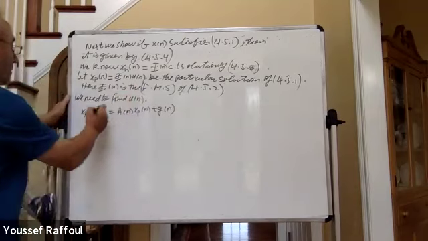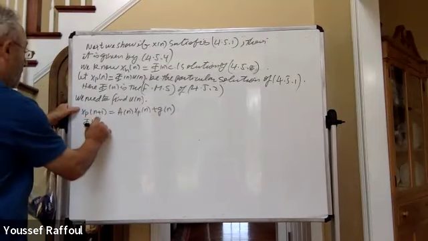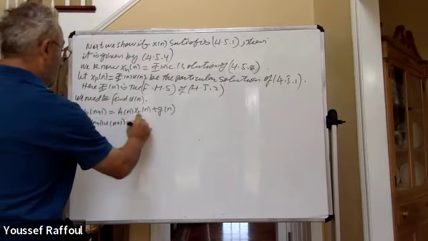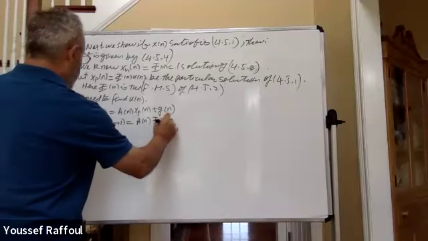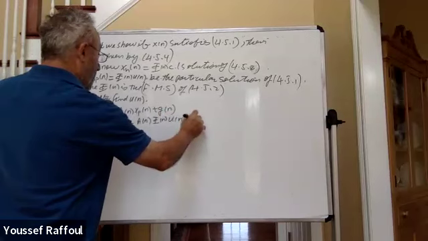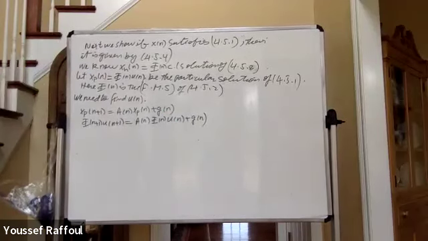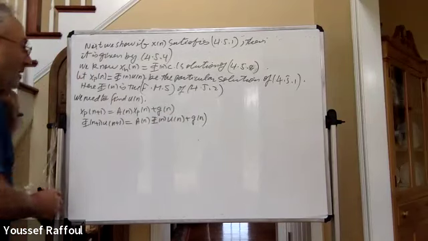So substitute xp of n plus 1 equal to an phi n un plus gn. Okay? Are you with me?